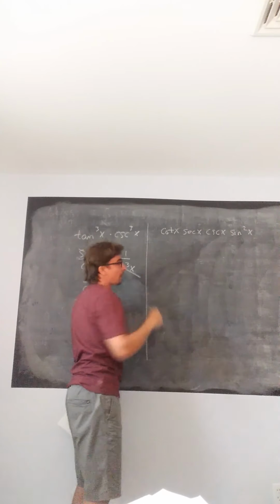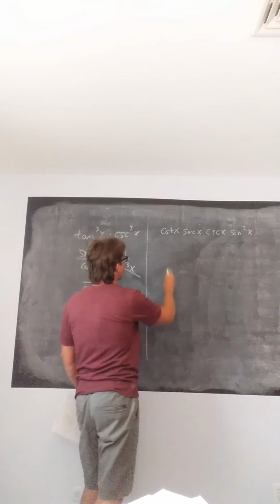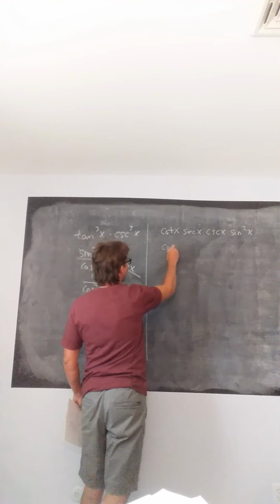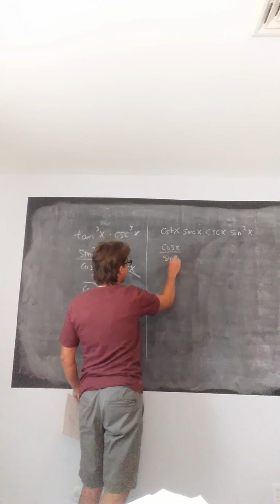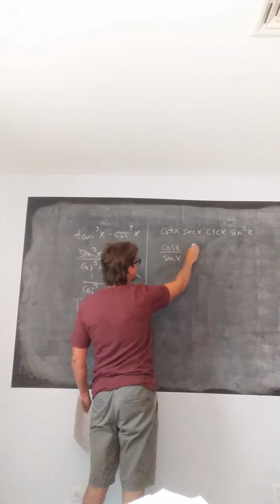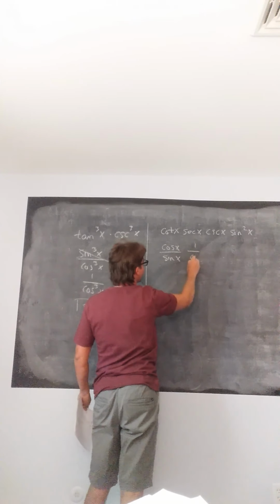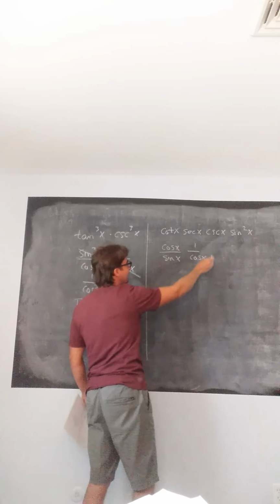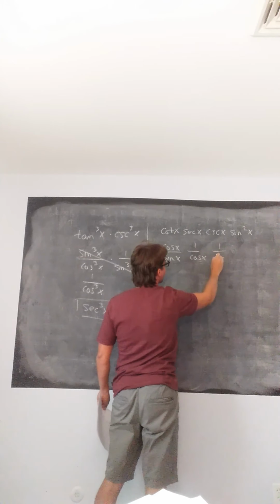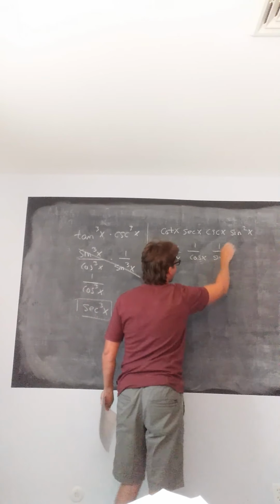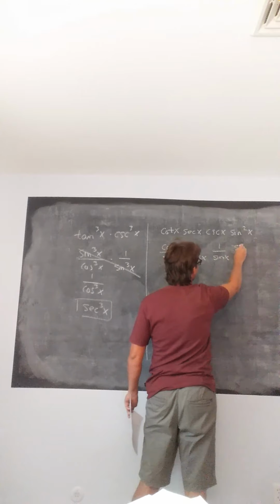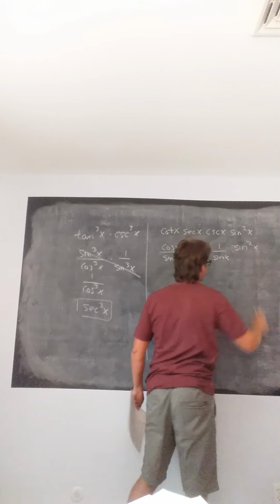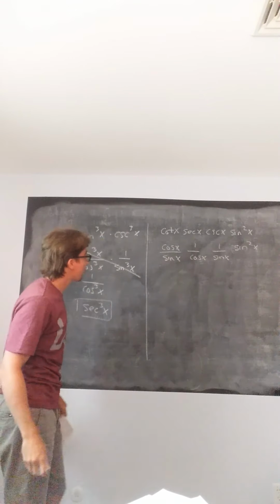Cotangent of x can be thought of as cosine x over sine x. Secant of x can be thought of as 1 over cosine x. Cosecant of x can be 1 over sine x. And sine squared x, we're just going to leave right there for now because we want to see what we can do with it.